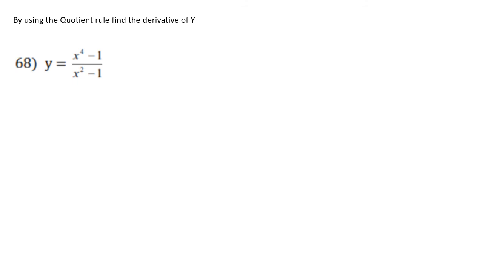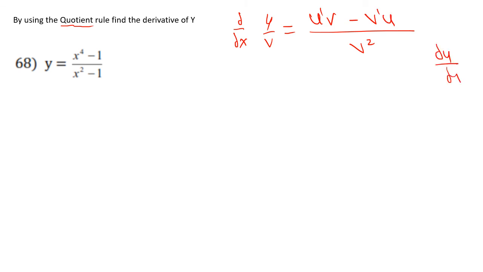By using the quotient rule, find the derivative of y. As we can see, y here represents a rational function, so the derivative of u over v is the square of v, u prime v minus v prime u. u prime means du by dx, the derivative of u with respect to x.